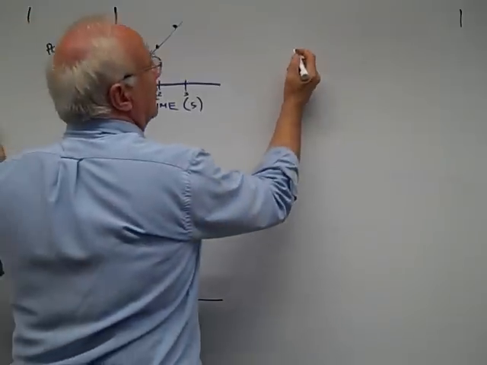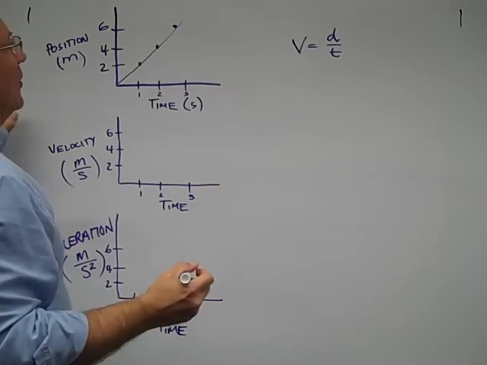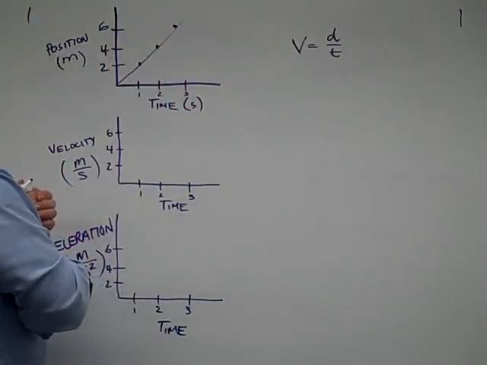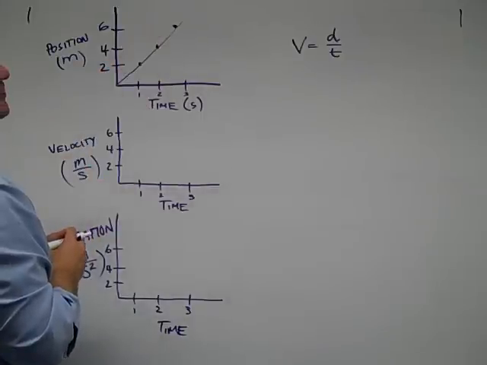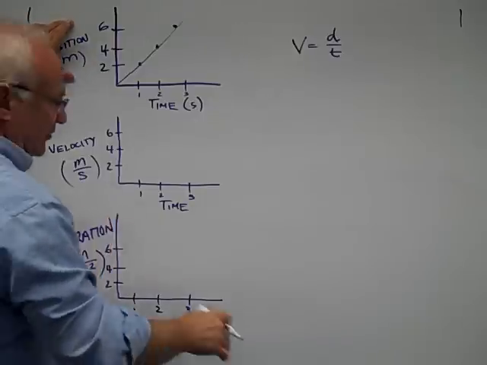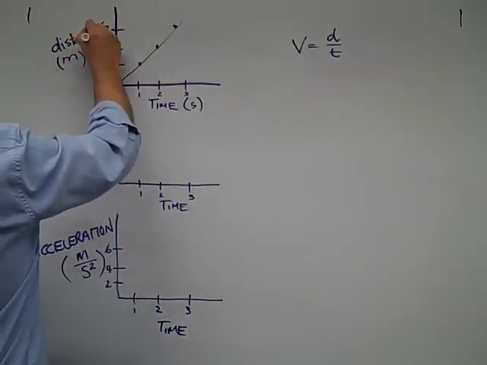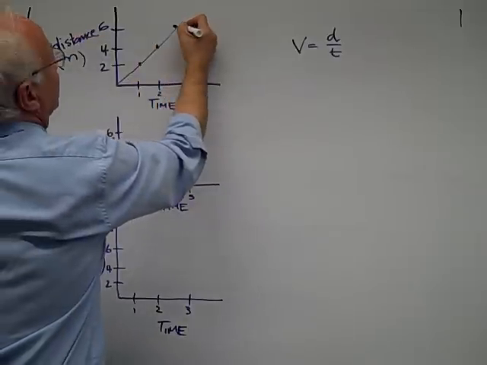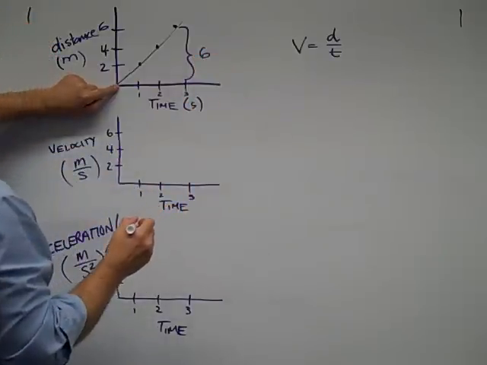Why? Remember, velocity equals distance over time. And distance or displacement can be represented by position, because the distance from the 0 point will be its position. We have position, let's call this distance for the moment. Distance over time. Well, what was its distance? 6 meters.